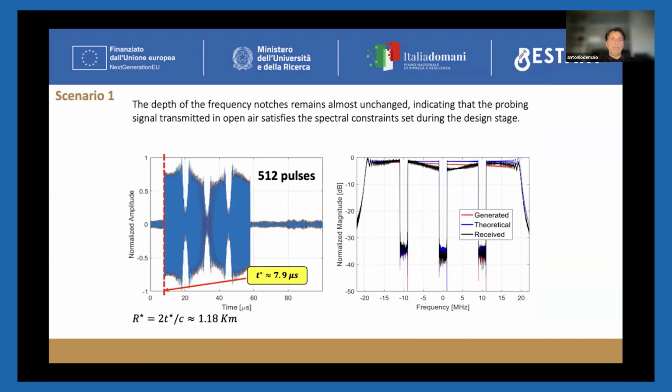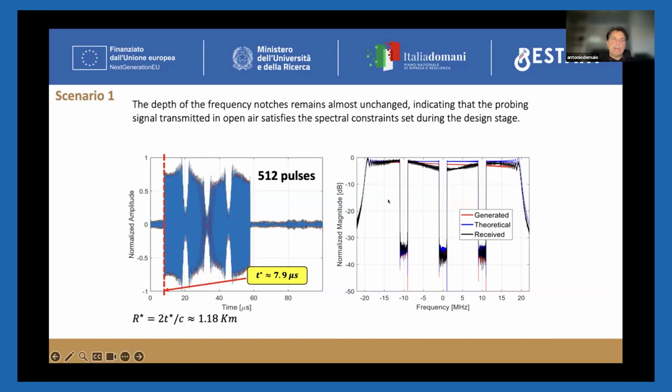As to the spectral behavior of the received signal, it is compared with that of the theoretical waveform and also the waveform which is at the output of the AWG.